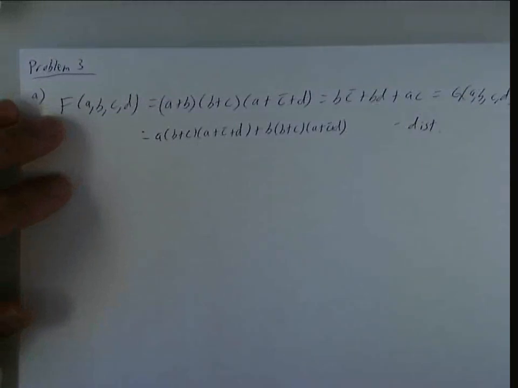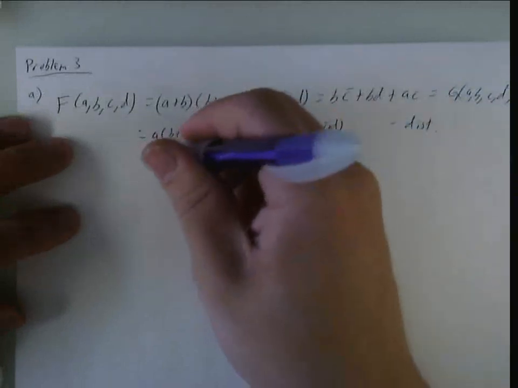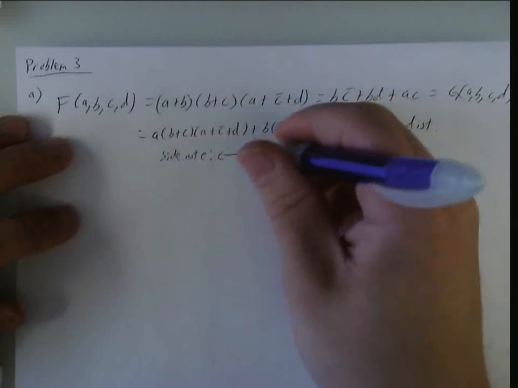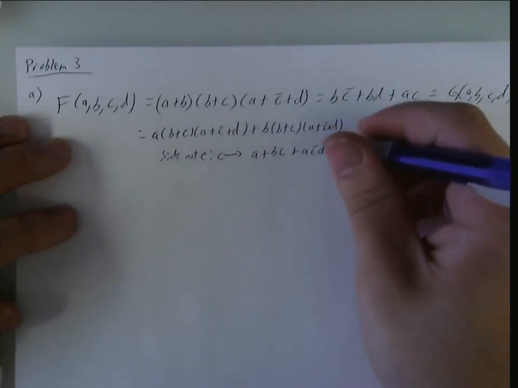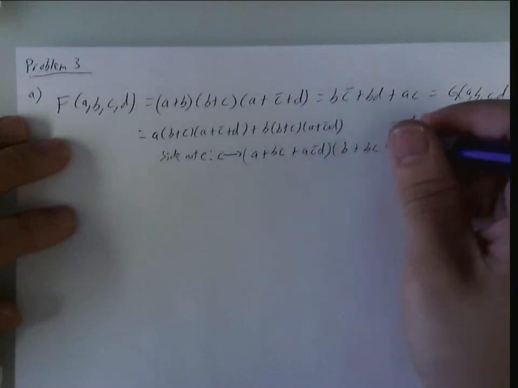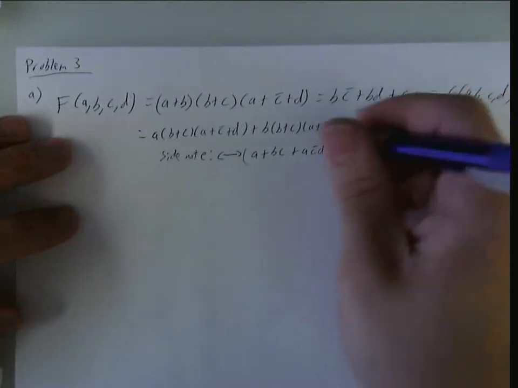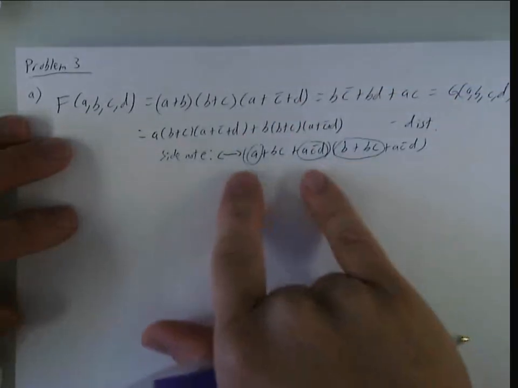Now it's hard to see what I'm doing. I'm not really a fan of this product of sums format, so I'm going to take the dual really quick, just as a side note. I'm going to take the dual of this side and see if I notice anything. So A or BC or A, C bar, or D, multiplied with B or BC or A, C bar, or D. I've got those two together, and it's really easy for me to see that that's absorption.